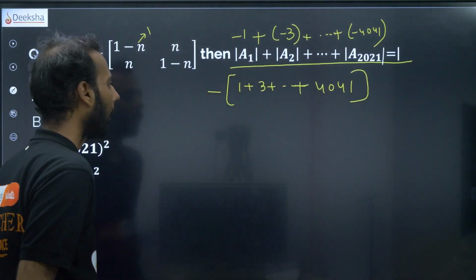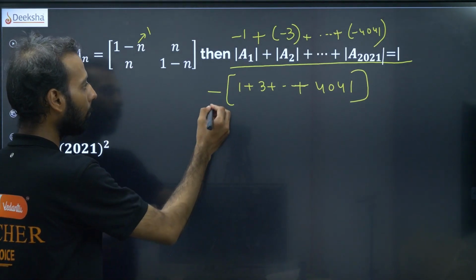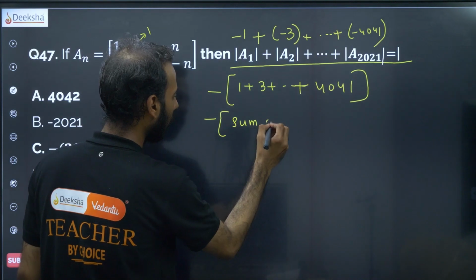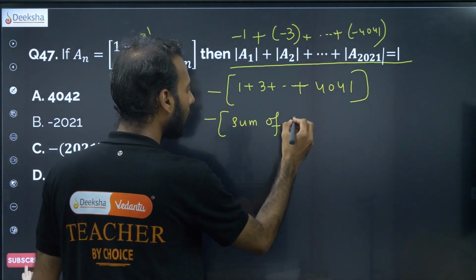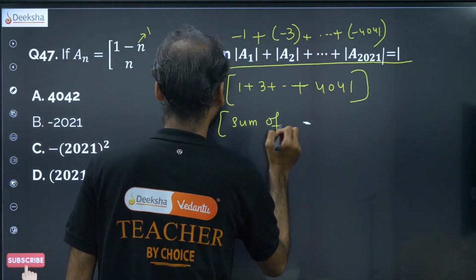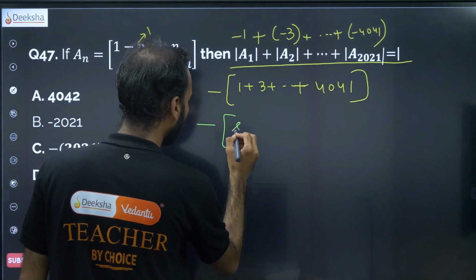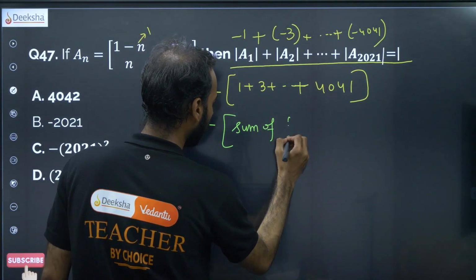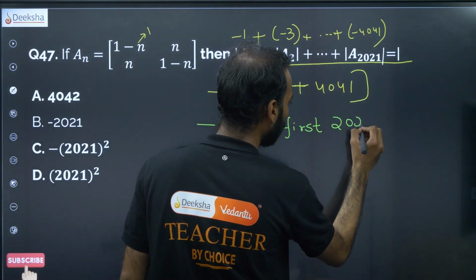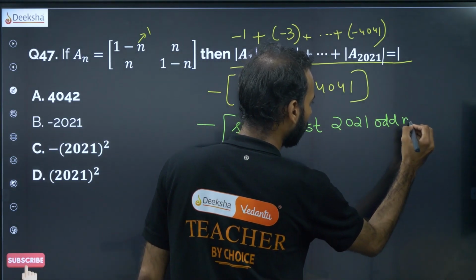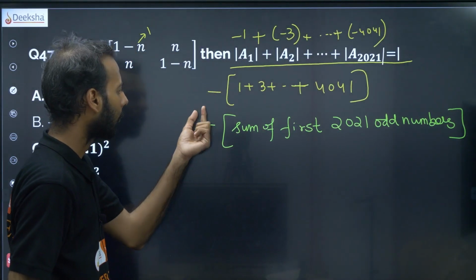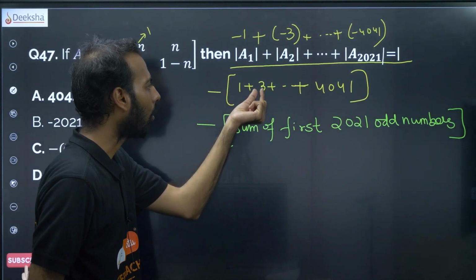This is negative, sum of odd numbers: odd number, odd number, odd number.